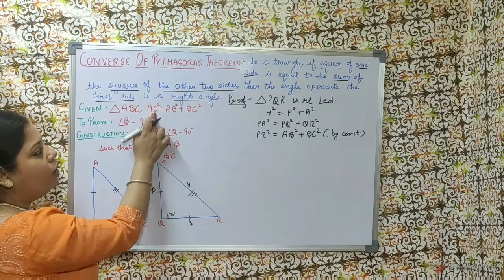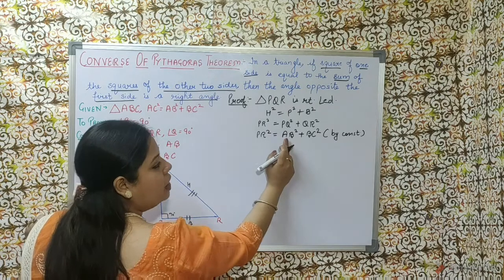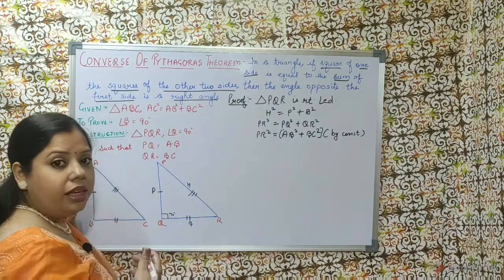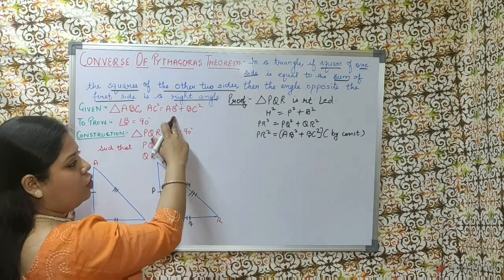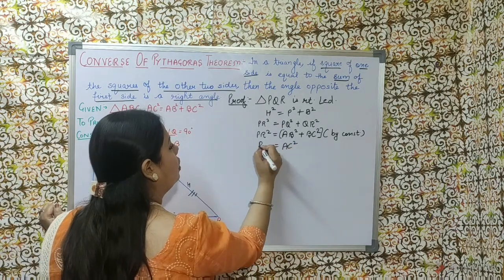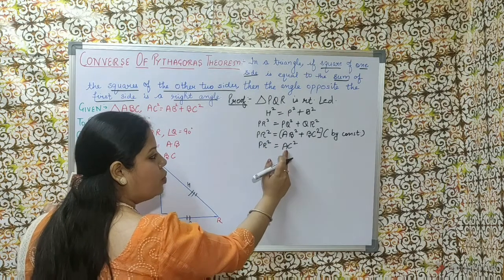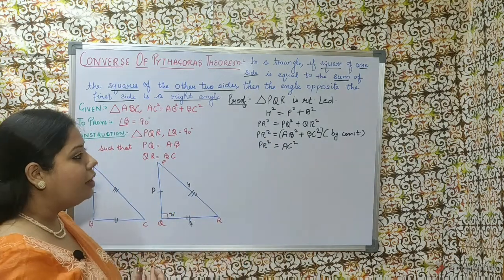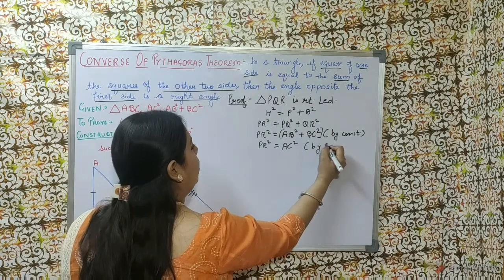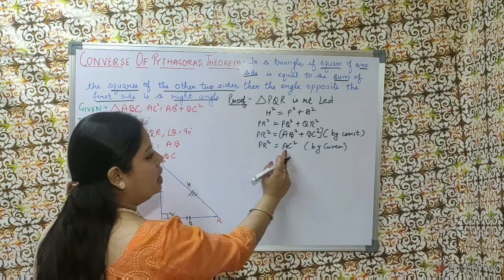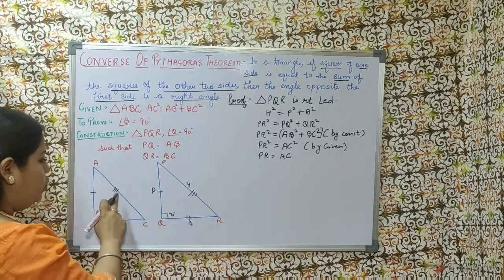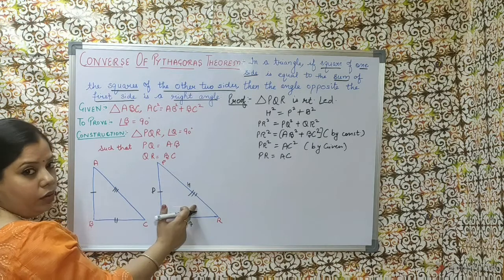Here I have this term AB square plus BC square, so I can replace it with AC square because it is given to me that AB square plus BC square is equal to AC square, by given. Now if squares of two sides are equal, it means that the two sides are also equal to each other. So if PR square is equal to AC square, it means PR is equal to AC. So these two sides are also equal now.